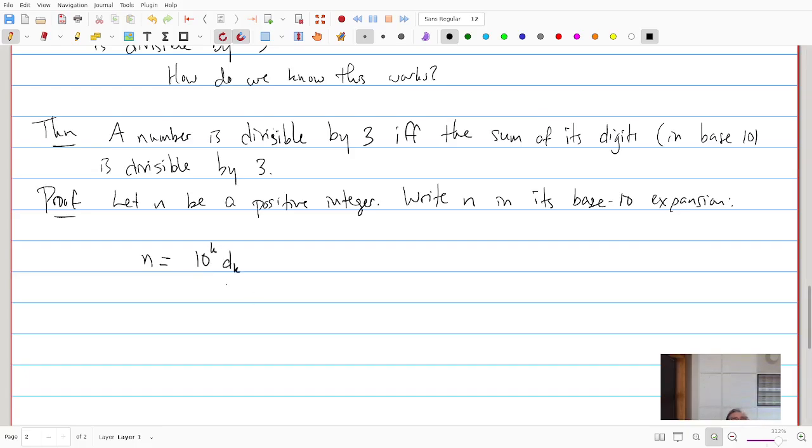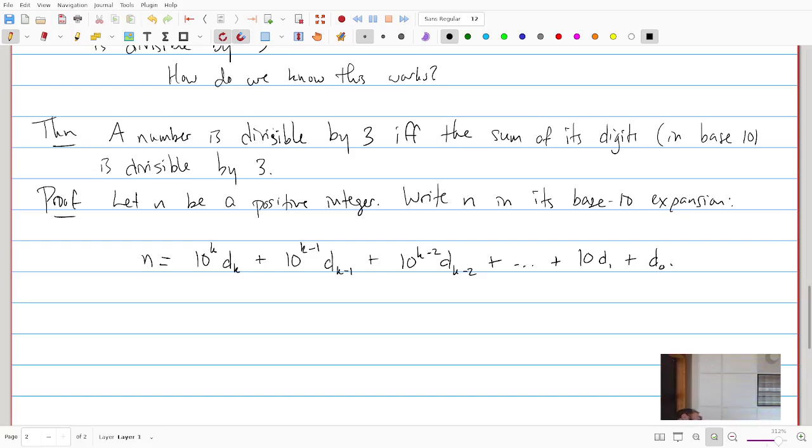So dk is like the first digit of n in base 10. That's the 10 to the k place, and then 10 to the k minus 1 times d k minus 1 plus 10 to the k minus 2 times d k minus 2 plus dot dot dot plus 10 times d1 plus d0.